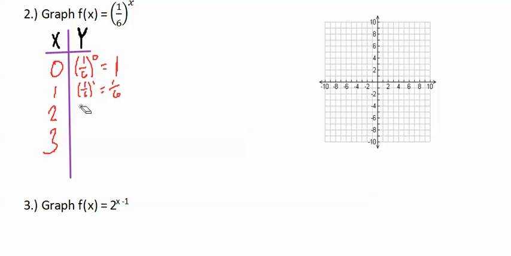And if we do it squared, you apply it to the numerator and denominator, so it's 1 over 36. And if I do it with 3, you get 1 over 216. Now, this has an opposite effect of what we saw in the last one. So what you'll see here is 0, 1, 1 and 1/6, and 2 and 1/36, and so on. It keeps infinitely getting smaller.